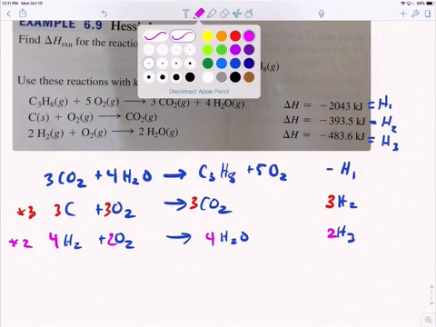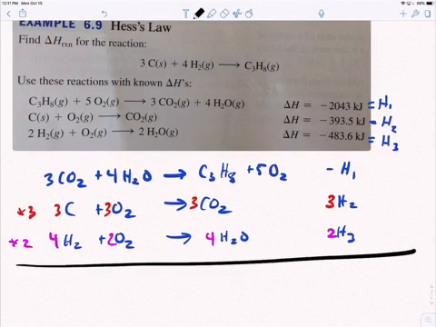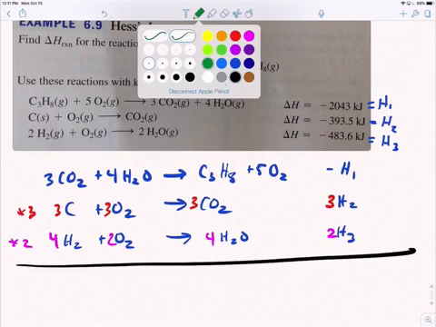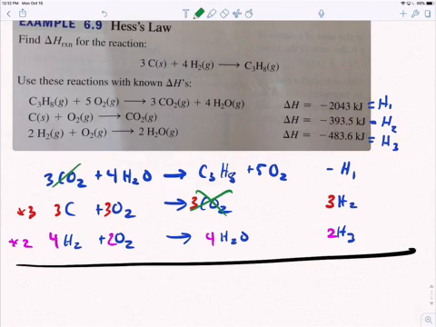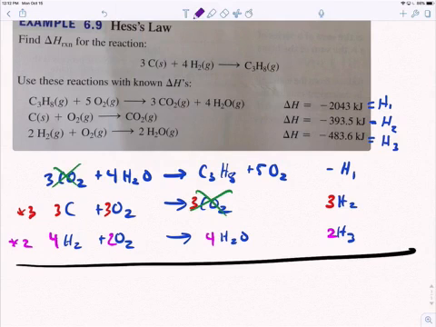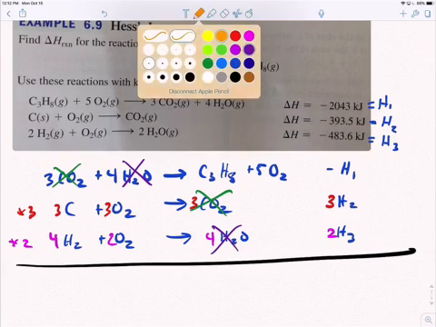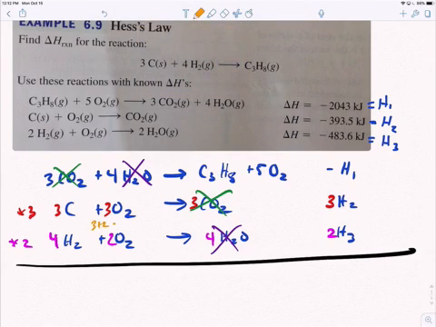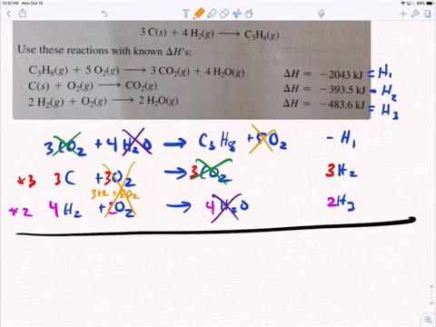Now the next thing we do is we add these together. Notice that the 3 CO2s cancel, and the 4 waters cancel. So 3 plus 2 equals 5 oxygens, and the 5 oxygens cancel there.